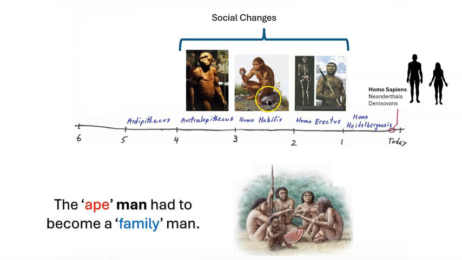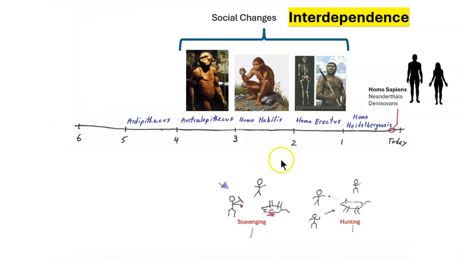And the way that our ancestors had to make a living in this new grassland environment required that males take a more active role in providing resources to their own offspring. So we get a change in social structure in our ancestry. And the contribution of males to the family is just an example of a larger theme in human evolution. And that is the way our ancestors were making a living on the landscape and the grassland habitat involved high degrees of interdependence.